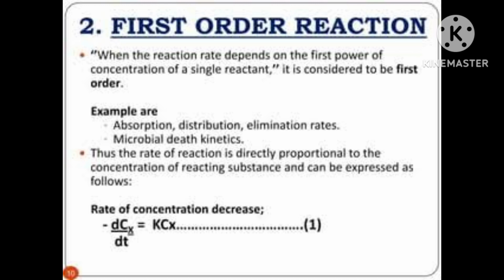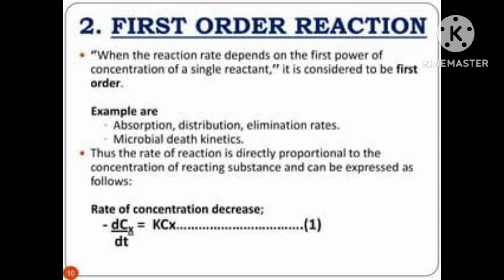The first expression is rate is equal to K, molar concentration of A, power is half, into molar concentration of B, power is 3/2. A has power half and B has 3/2. See what will be the order of reaction.